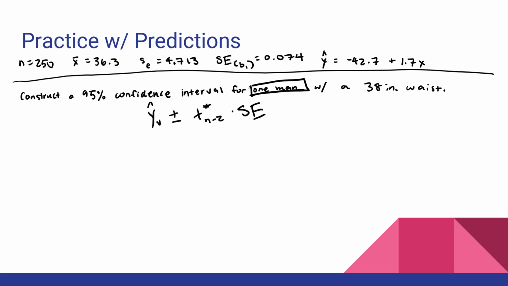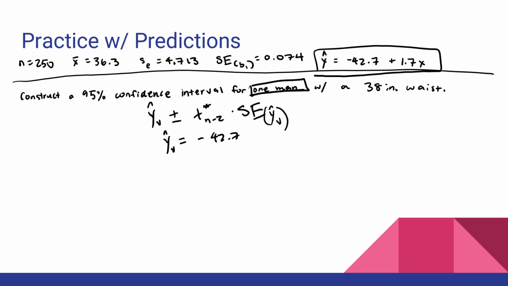Because we're making a prediction about an individual, we're going to be using the y-hat standard error. Our y-hat predicted value is going to be, again, the value we get by plugging in our 38 into this LSRL. So that would be negative 42.7 plus 1.7 times 38.